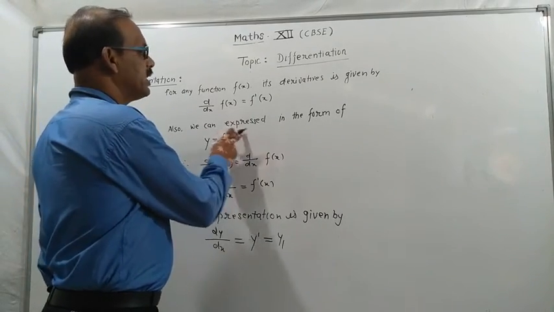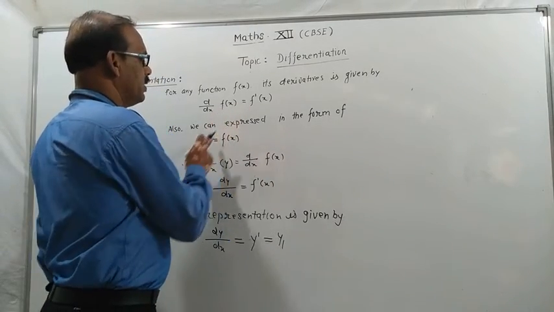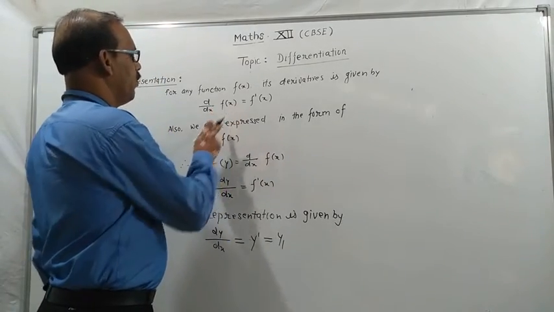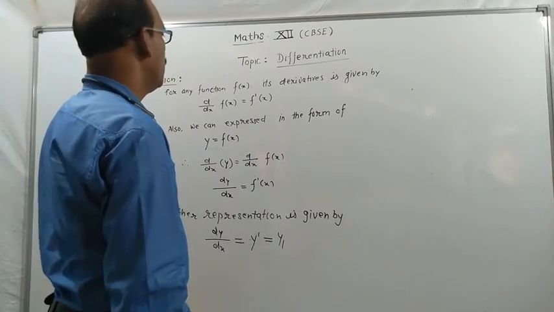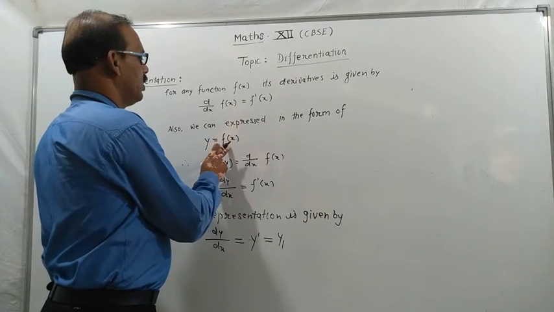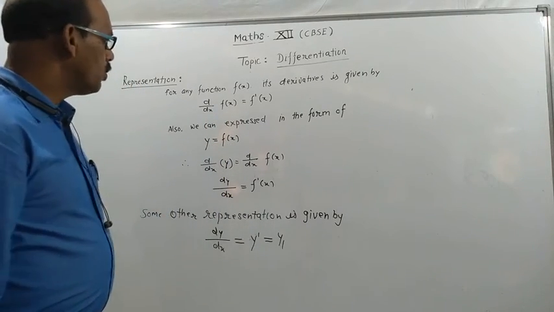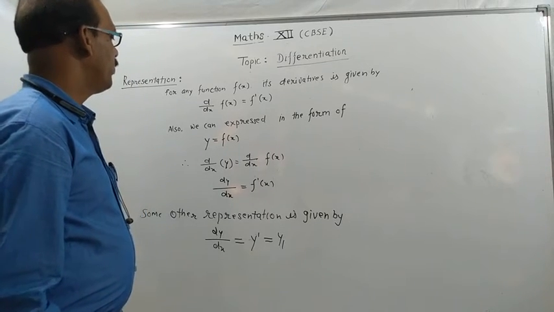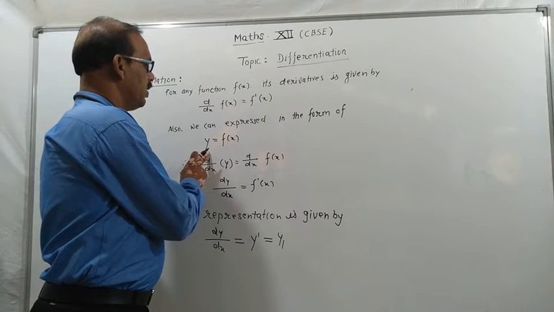Also, we can consider the value of f of x as y. If we represent a given function f of x using y, it is also possible to differentiate this function which is represented by y.